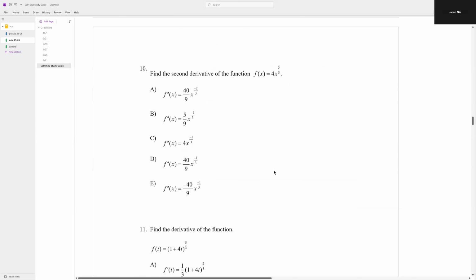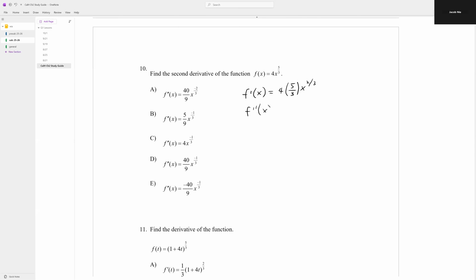Next one. This has us finding a second derivative. That simply means we take the derivative twice. So after we found the derivative of f, then we find the derivative of the derivative of f. First step, we're going to use power rule. Find the first derivative of f. That's going to be 4 times 5/3 times x to the power of 5/3 minus 1, which is 2/3. And then we take another derivative.